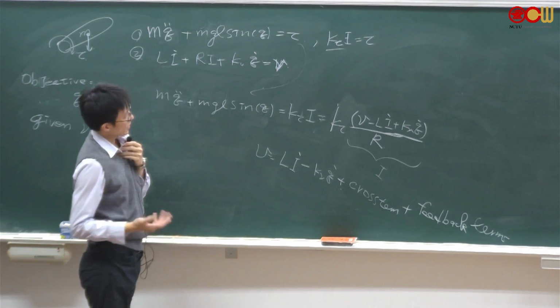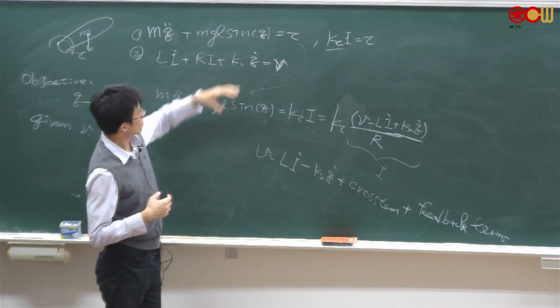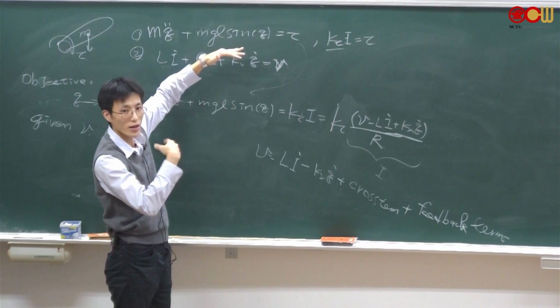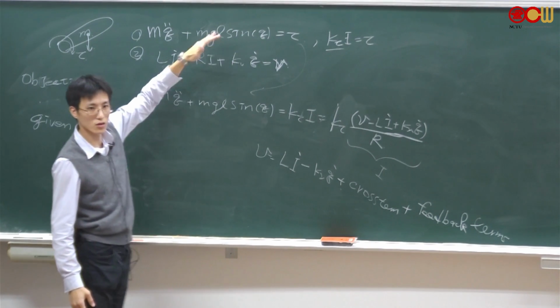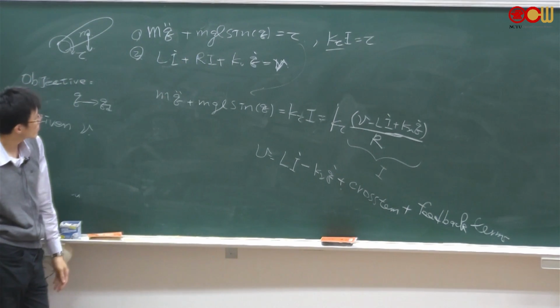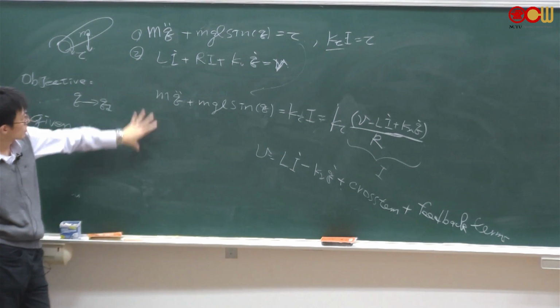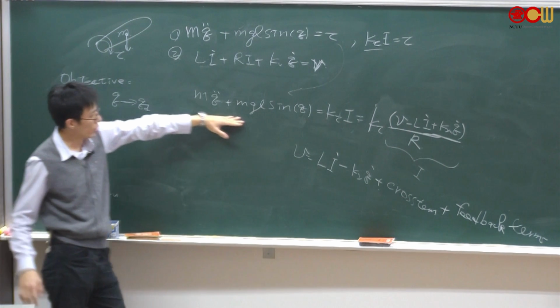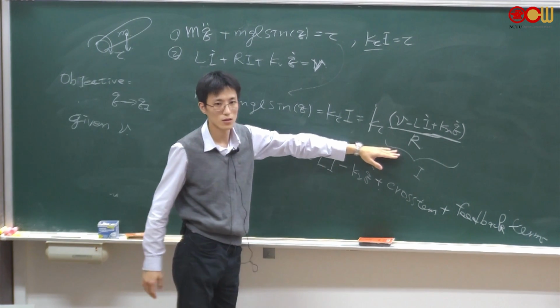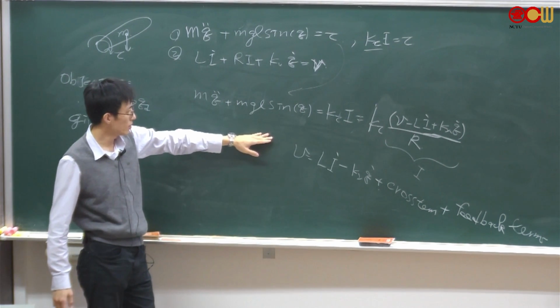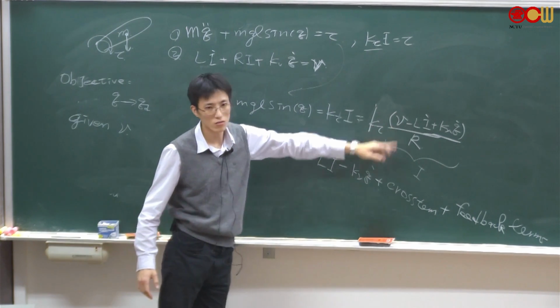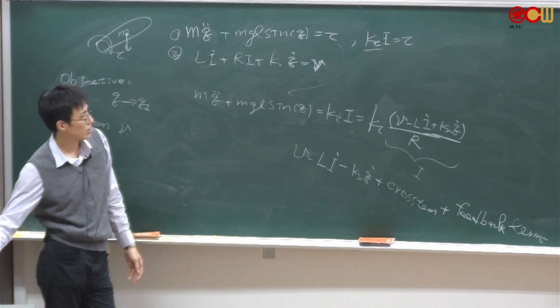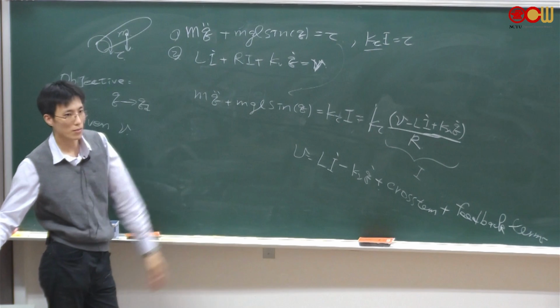For backstepping, we divide it into two systems and design two controllers. One is called virtual, one is called physical. But if you don't use backstepping, you just combine the two systems together, and the control input is V. There's no virtual control term anymore because you already combine the two.